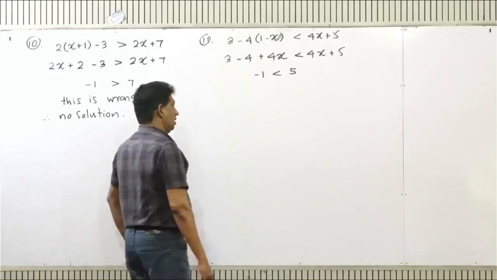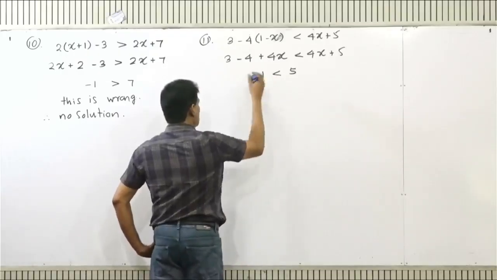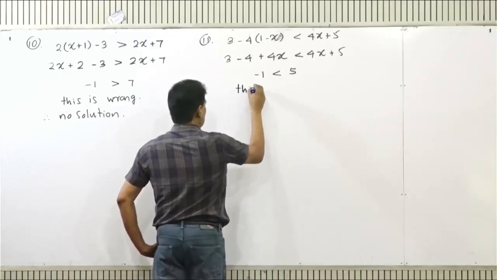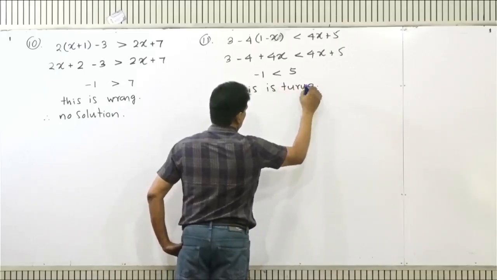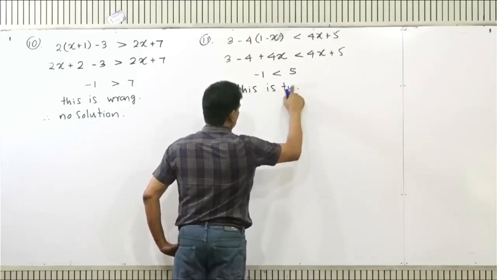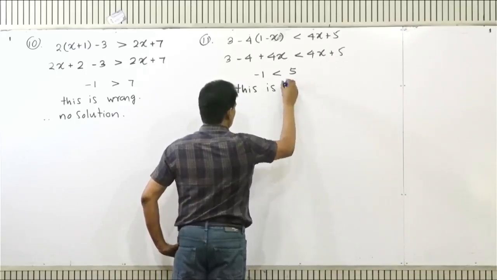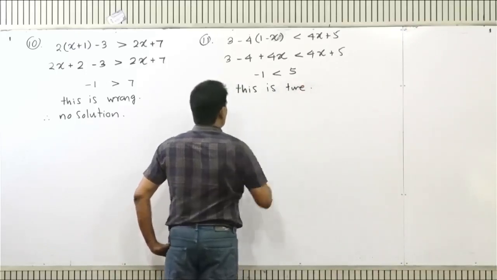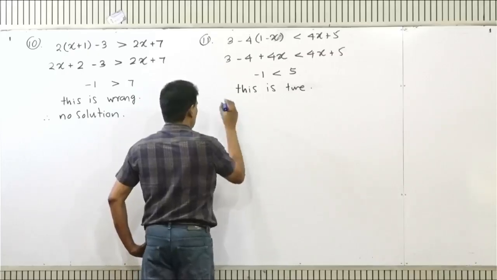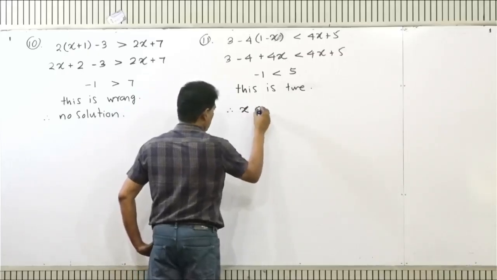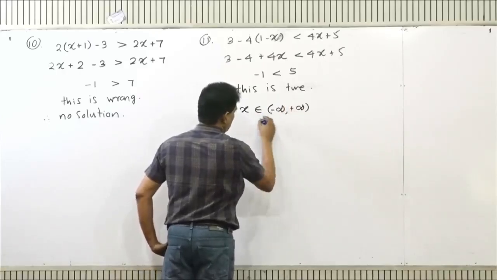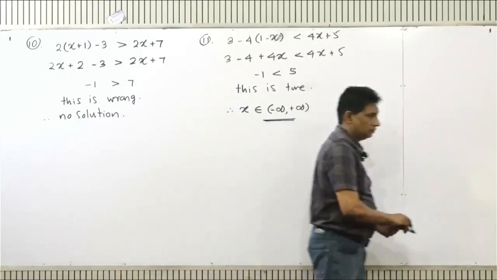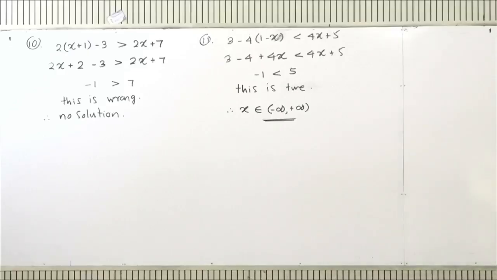Minus 1 is less than 5. Then this is true, no? So we have to write this is true. If this is true, the meaning of that one, x can take any value in between negative infinity to positive infinity. Right?